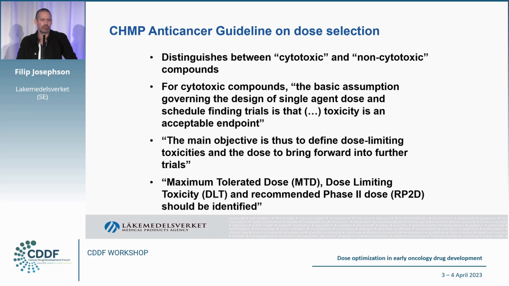So the main objective would then be to define dose-limiting toxicities and the dose to bring forward into further trials. MTD, DLT, and recommended phase 2 dose should be identified. That's obviously the old-fashioned paradigm that the previous speakers have alluded to.